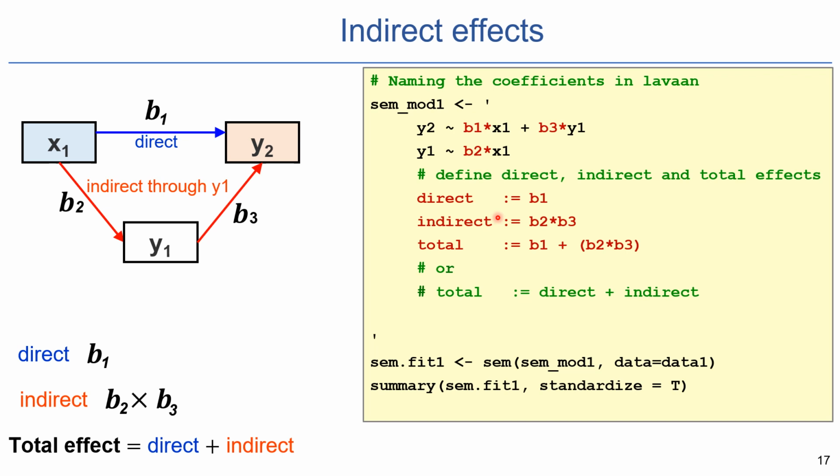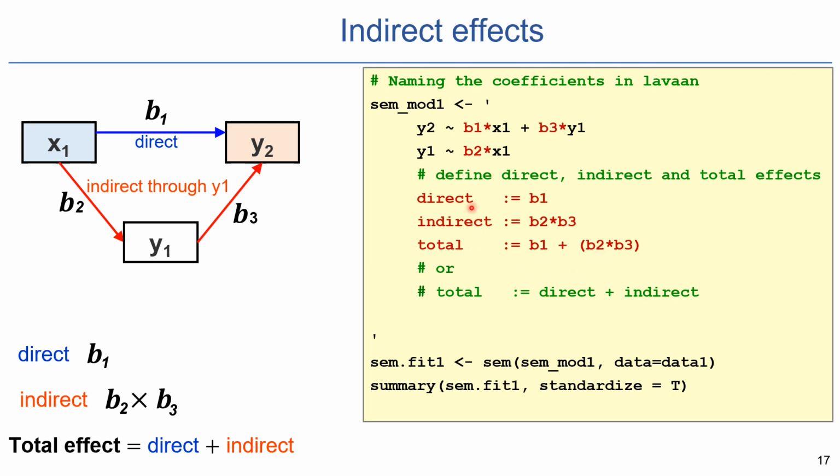To define them, we have to use the colon together with the equal sign. And this means in lavaan the definition of some parameter. And as you can see here, I define the direct effect as our B1 coefficient, the indirect effect as a product of B2 and B3, and the total effect as the sum of direct and indirect.